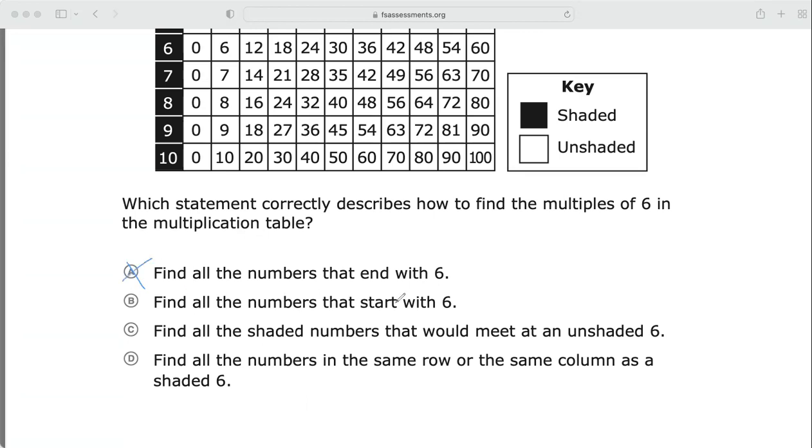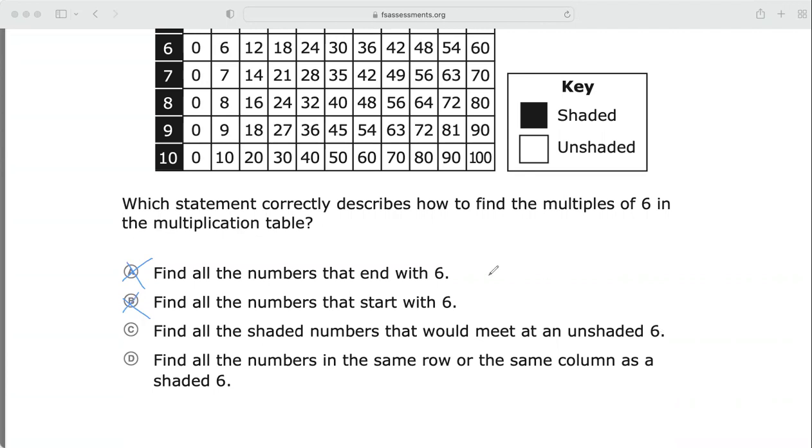Find all the numbers that start with 6. That is not the answer either, because 60, 61, 62, 63 are not all multiples of 6. 6 does not go into 61 evenly. Find all the shaded numbers that would meet an unshaded 6 at an unshaded 6.